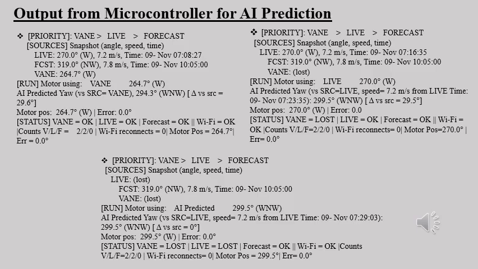And this is the output of the microcontroller, and it shows which direction the wind is coming from, the actual turbine nacelle position, and the predicted wind direction.